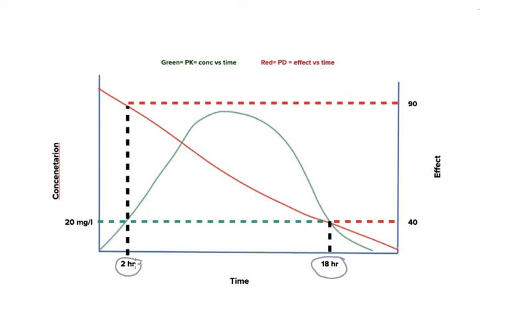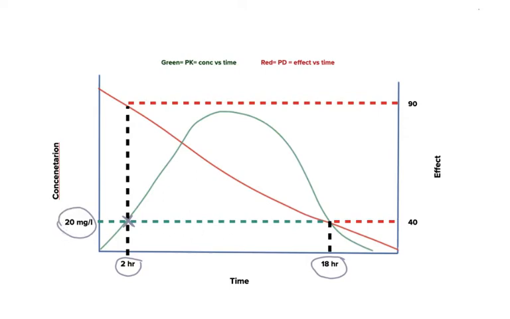If we want to measure the concentration of a drug in the plasma 2 hours after we give the drug to the patient, we want to know the PK. So we want to consider the concentration versus time curve, which is represented by this green curve here. You can see that the concentration at 2 hours is 20 mg per liter.